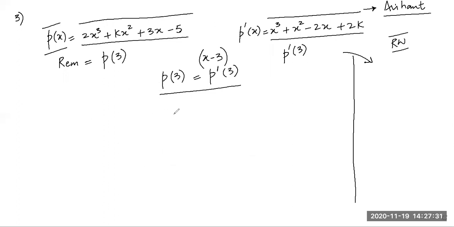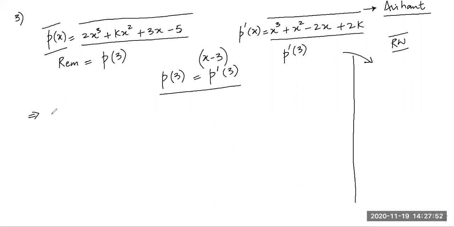Okay. Now P of 3 is P dash 3. So what is P of 3? Yes, Manmeet, what will be P of 3? Simply put the value: wherever there is an x, put the 3. Not between the x, in place of x put 3.